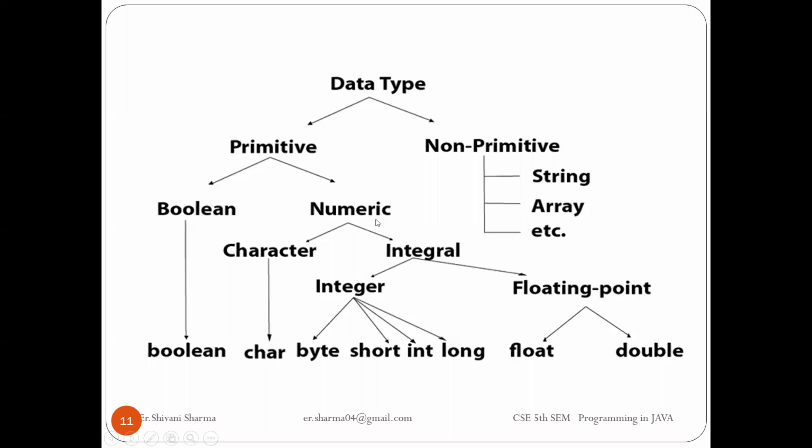These all are inbuilt data types, and the meaning of these data types is predefined, and these are called the primitive data types. And non-primitive data types, the data types which are defined by the user, are called the non-primitive data types. String, array, all these data types are called the non-primitive data types.